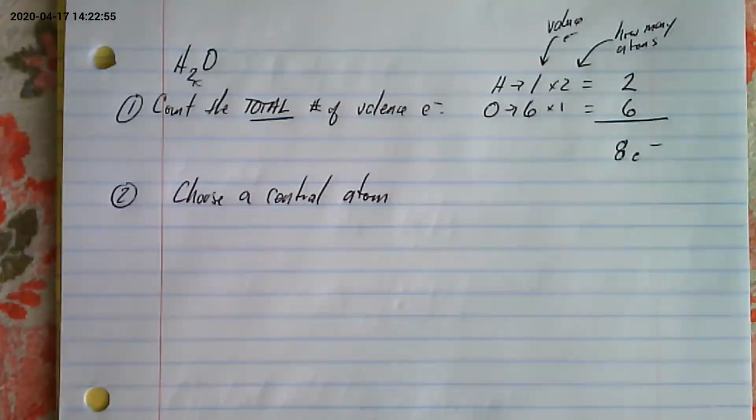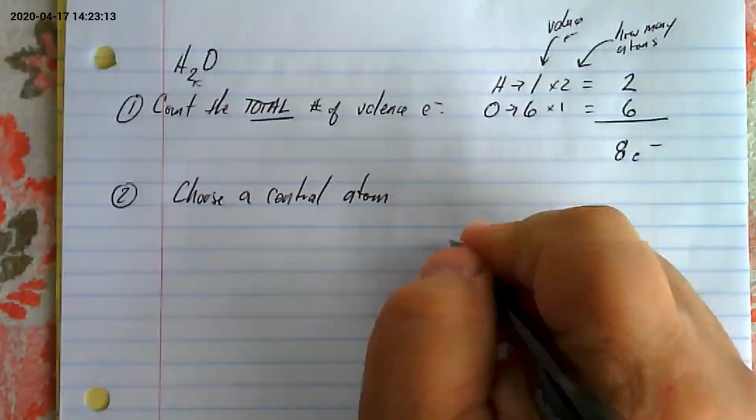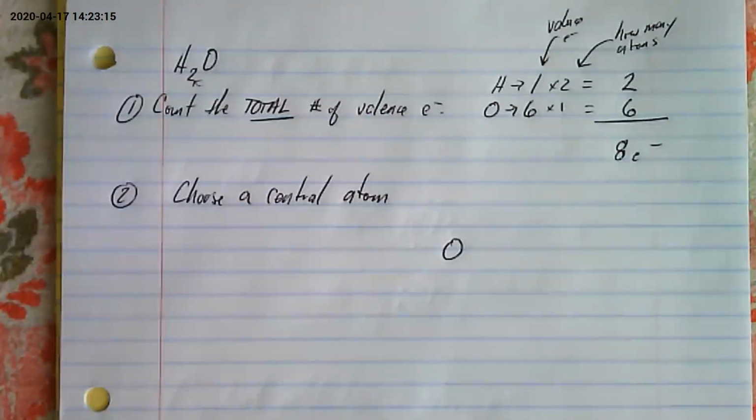Step 2, choose a central atom. Now, most of the time, this is common sense. You look at the molecule, and whatever you have a one of, that's usually your central atom. Okay? It's pretty much as simple as that.